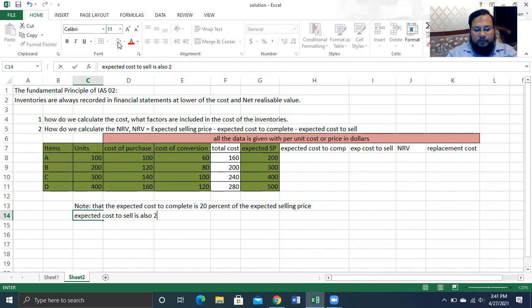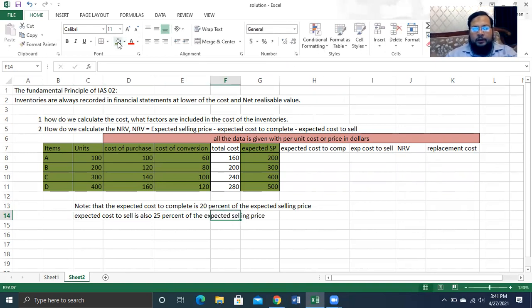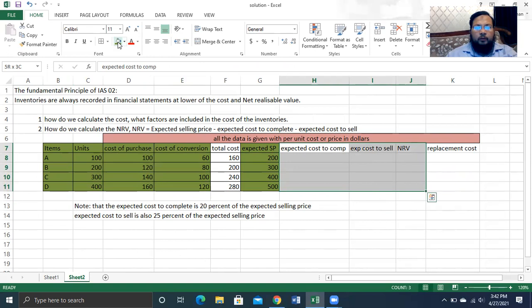Okay, make it 25% of the expected selling price. Now you need to calculate the cost to complete and cost to sell, and then you will calculate the NRV.